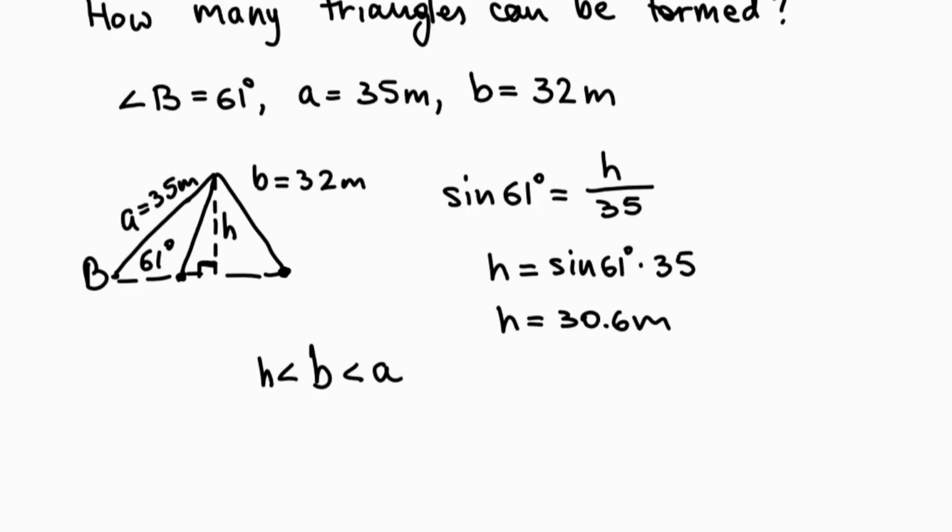And we could have two possible angles, one here and one here, that we would be solving for. So triangle number one would be this one, and triangle number two would be this big one. That happens when B is greater than H but less than A.